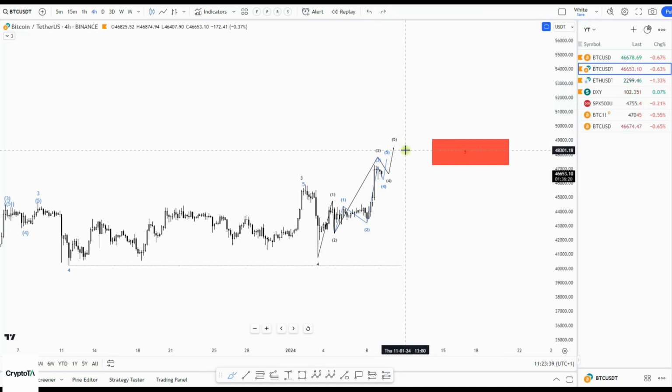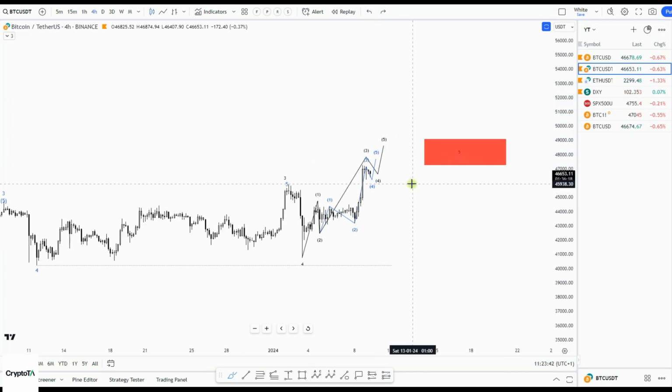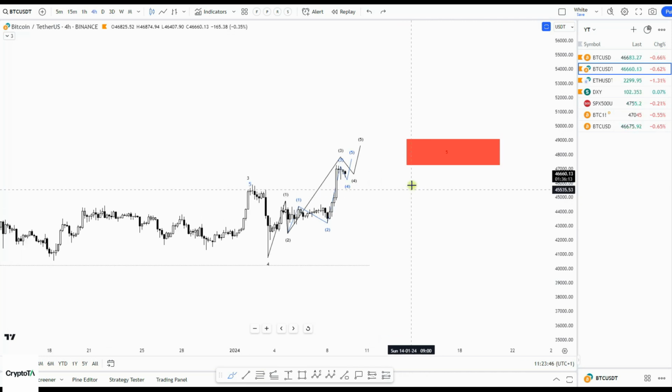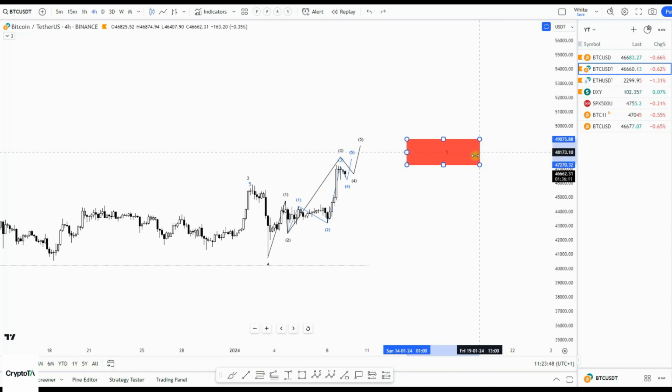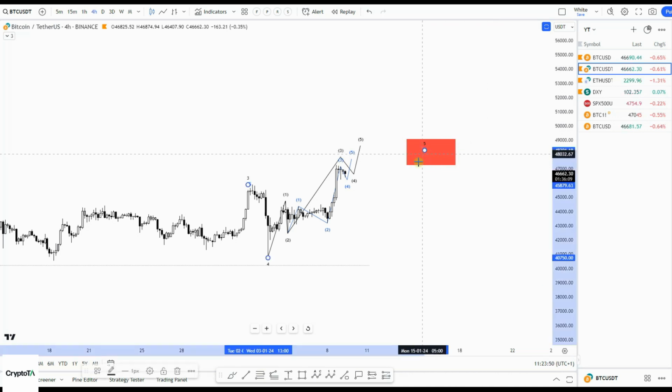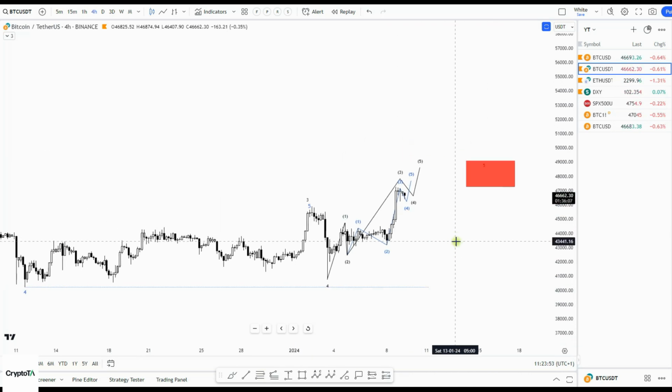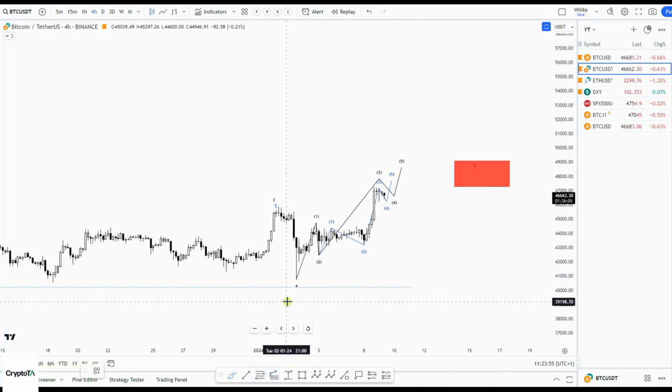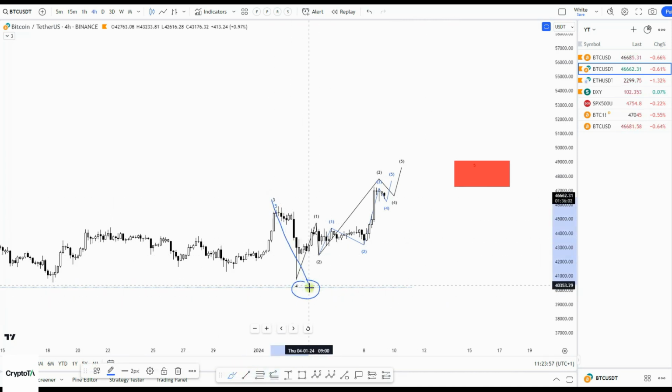But in TA, you have to rely on something, and I think this is most logical. What I see here is, it is a FIB level I use very often to determine the target for leg number 5. So leg number 4 here, and now 5.